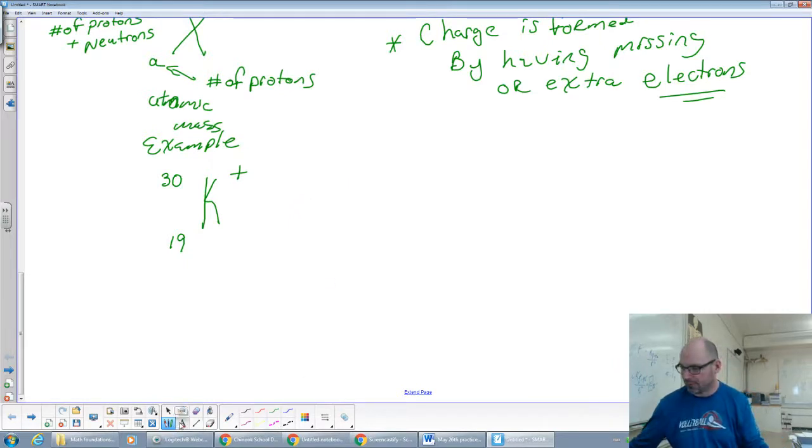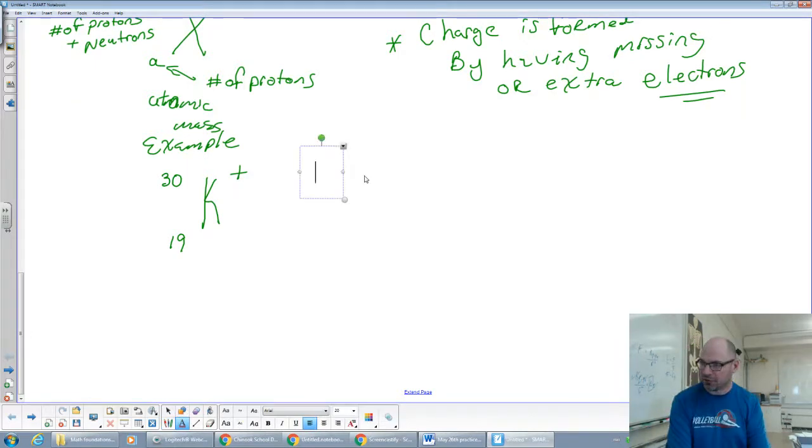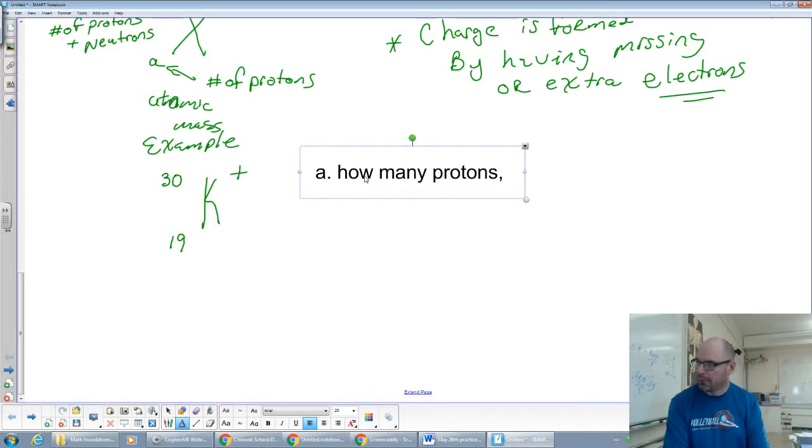Let's type it out so it's clearer. How many protons, electrons, and neutrons are there?